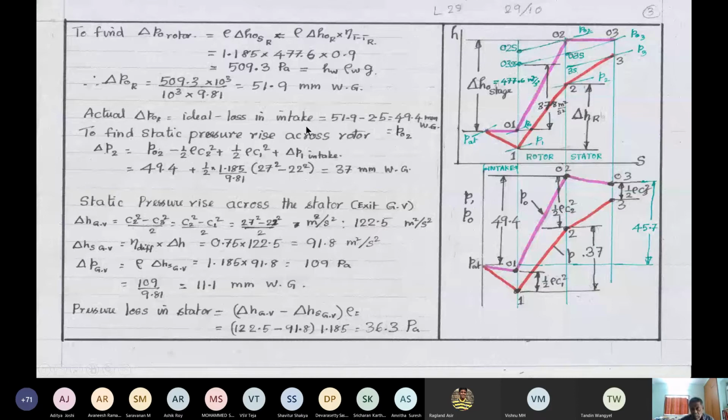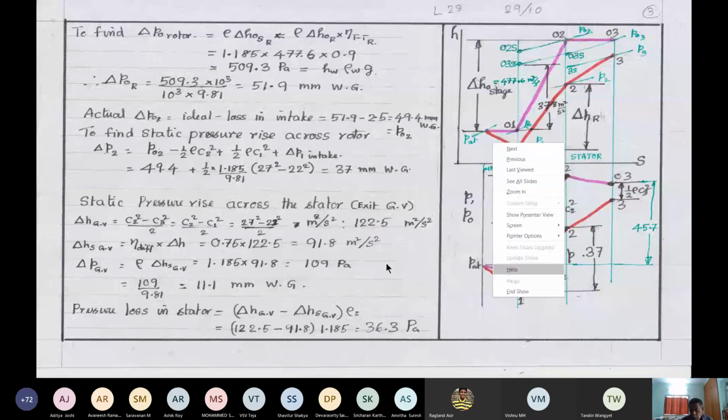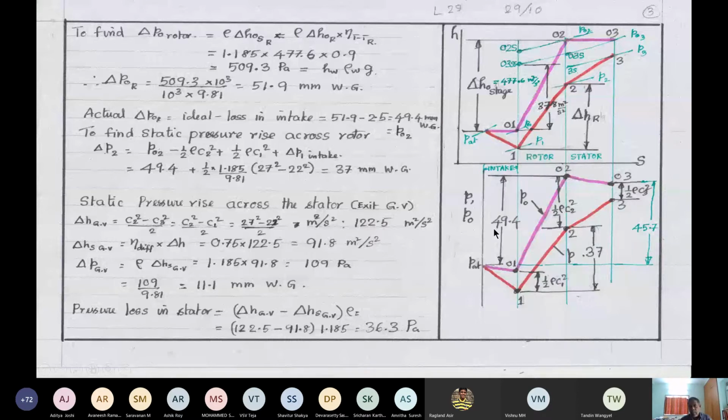So you get a value 49.4 millimeters of water gauge. So that is the pressure I have indicated here. From the atmospheric level, the pressure at point 2 is 49.4 mm more. So that is the stagnation pressure developed by the rotor. But you don't get that much because there will be pressure loss in the stator also.